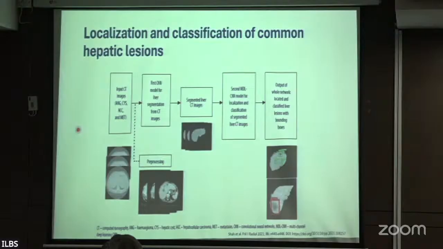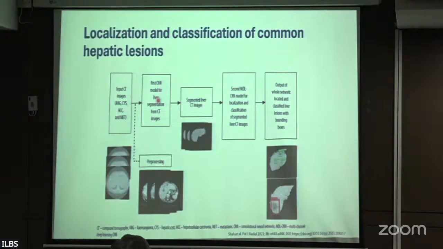Here is some example for Rakhi ma'am that you were asking, with some example of how we give the input and what we have at the end. So here the input is image. The two levels of deep learning method happening here are localization and classification of common hepatic lesions. First, the CNN segments the liver, only input is image, axial CT images.